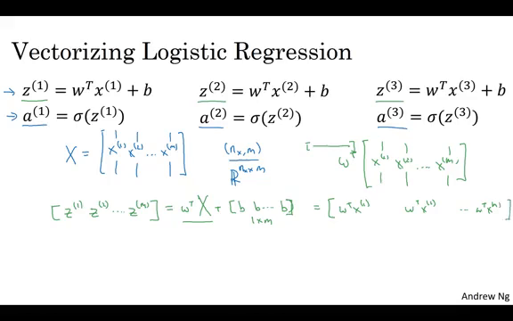And then when you add this second term, b, b, b, and so on, you end up adding b to each element. So you end up with another 1 by m vector, where that's the first element, that's the second element, and so on, and that's the mth element.